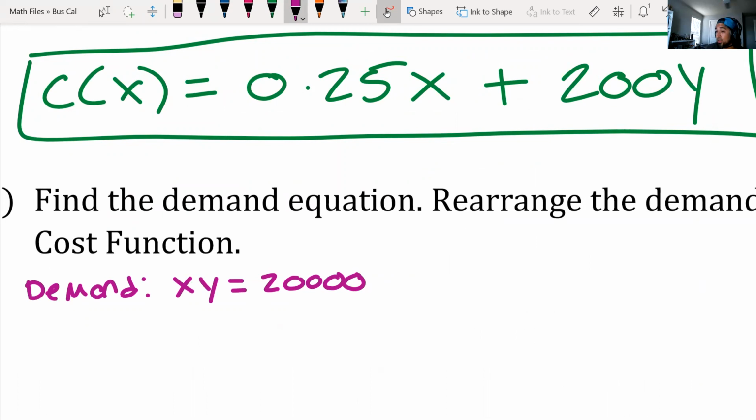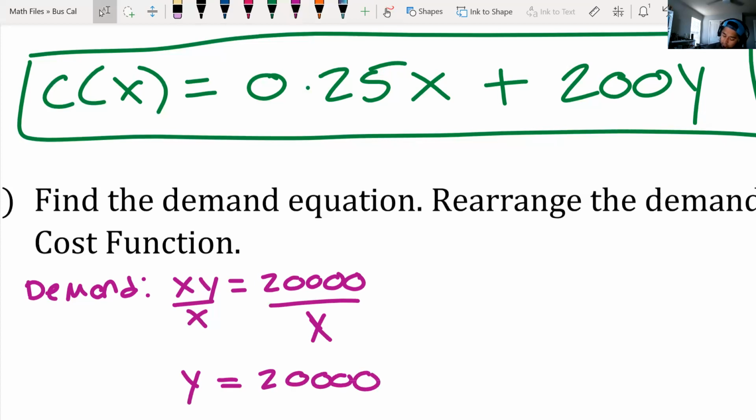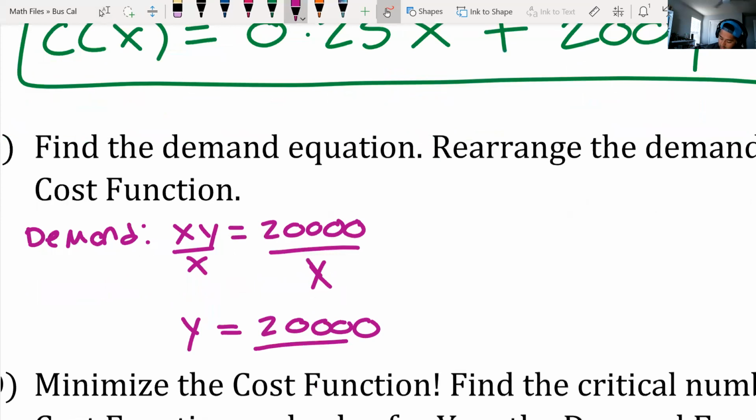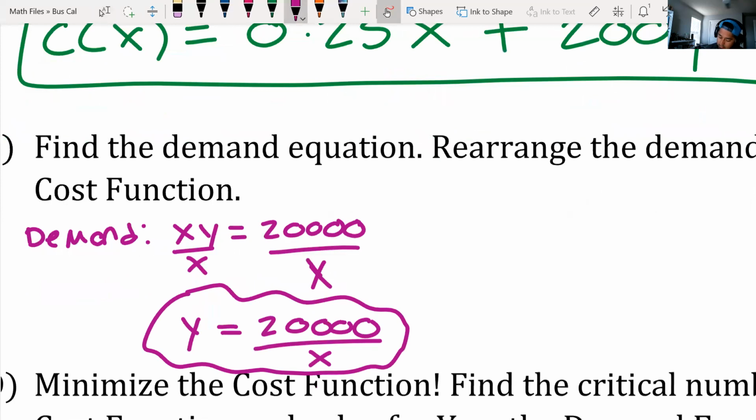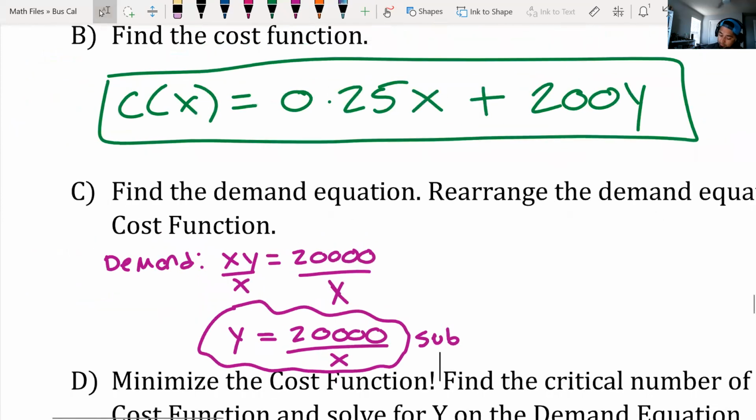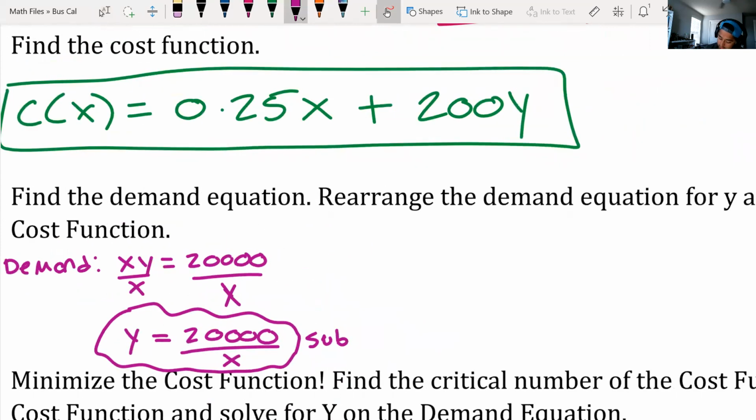Now we're gonna solve this equation for y, which means we're gonna divide by x. And y is equal to 20,000 over x. This is now my sub. And you're going to plug that in for the y into the cost function.